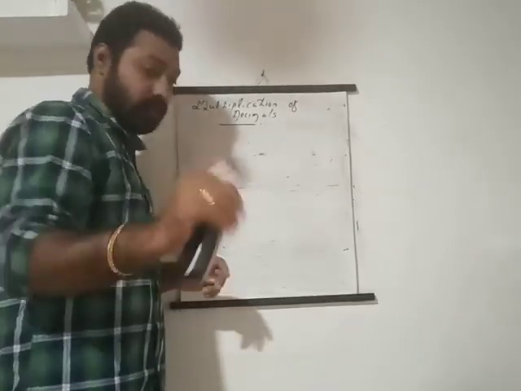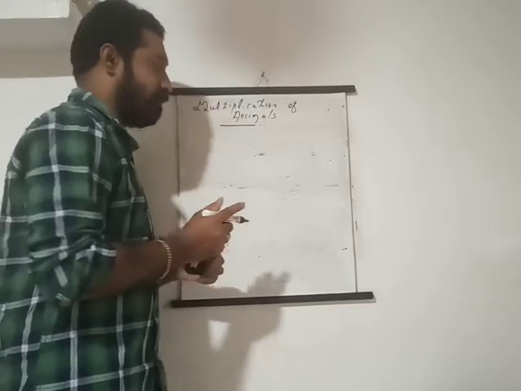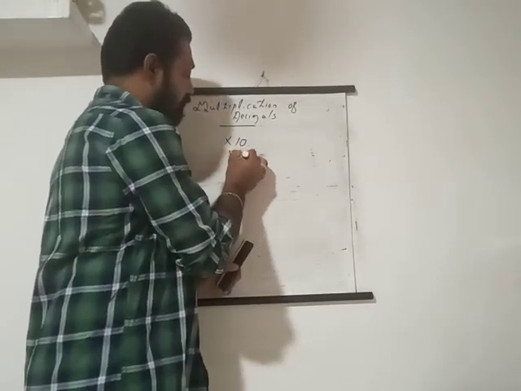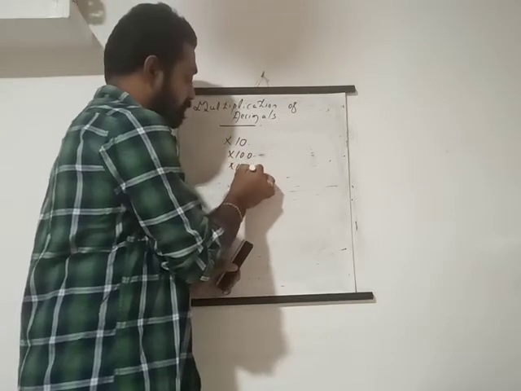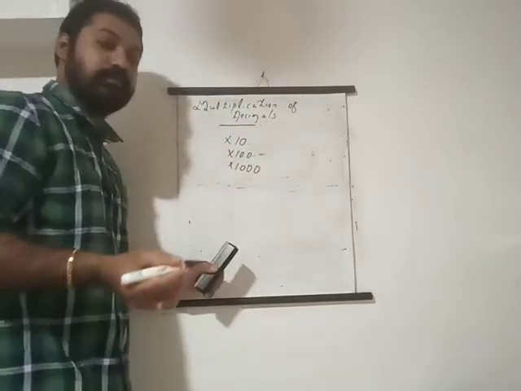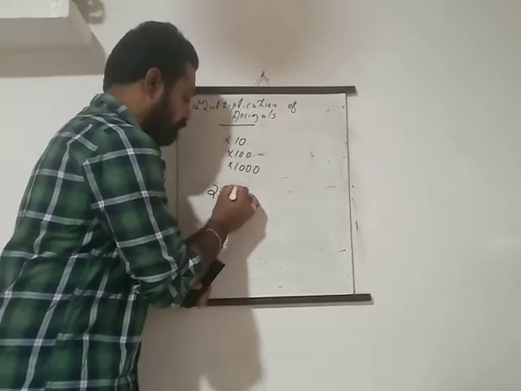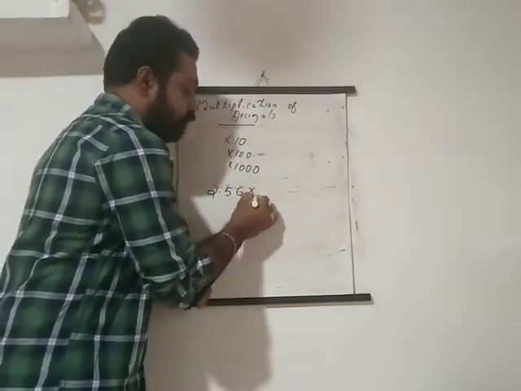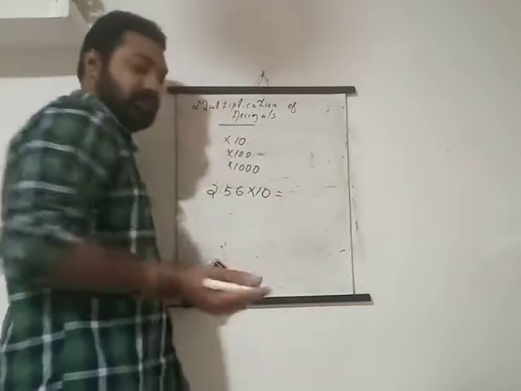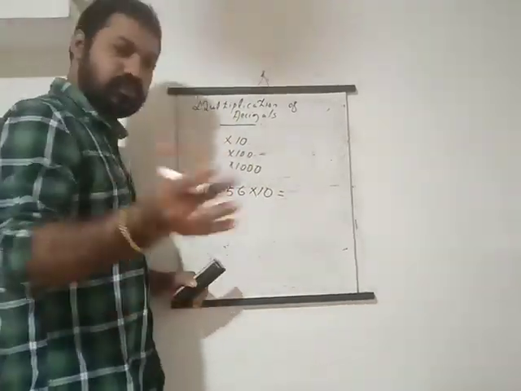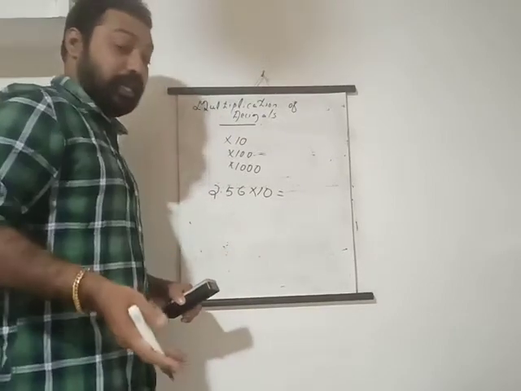Next is multiplication of decimals by 10, 100 and 1000. This is also very simple. Think about 2.56 into 10. When you multiply with 10, 100, 1000, there are some easy tricks to getting the answer.